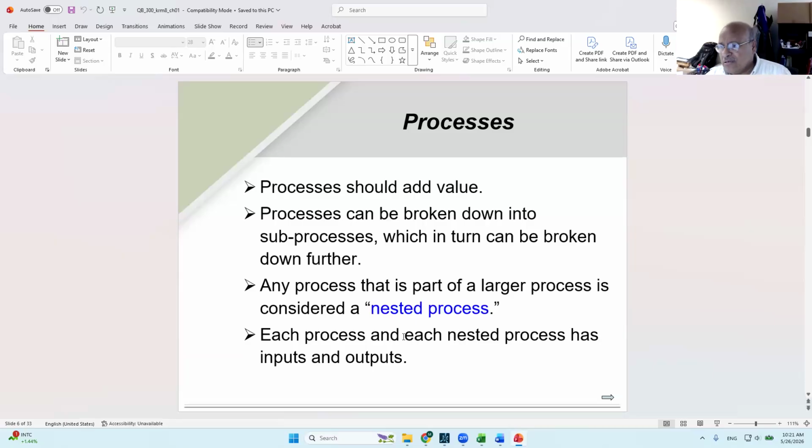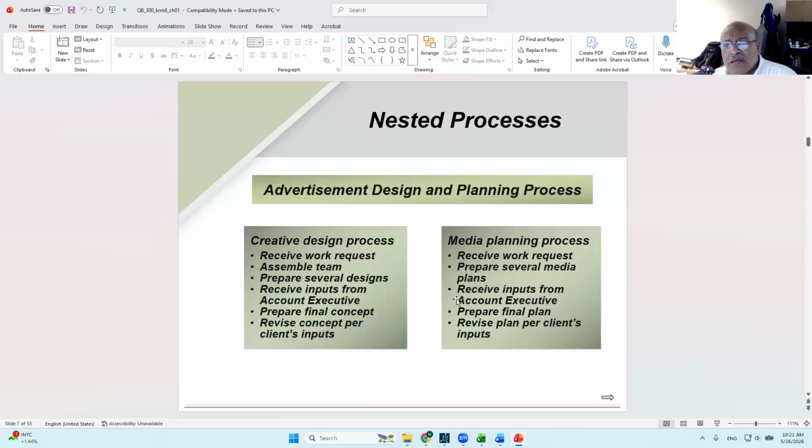And like I said, a big process can be divided into sub-processes. And when you divide into sub-process, there are some nested process, one within the other. And that nested process has some input, output like other processes too.